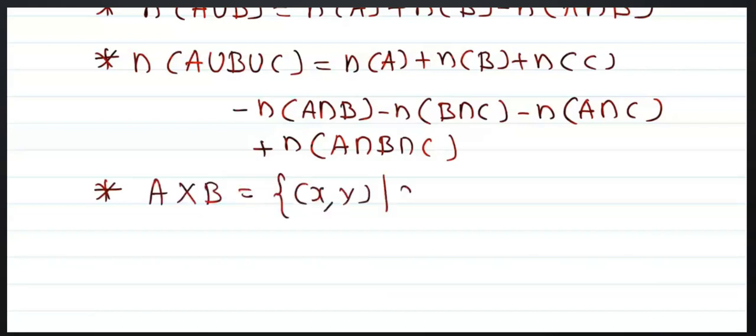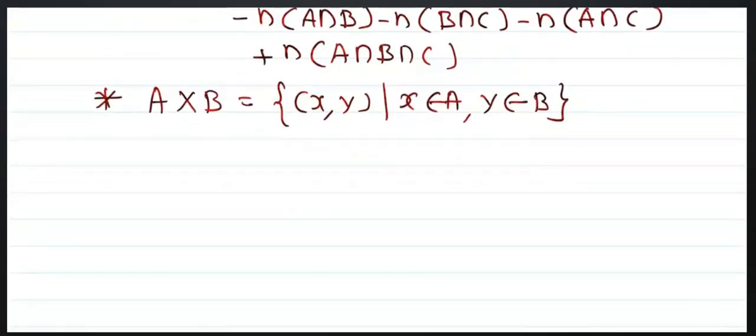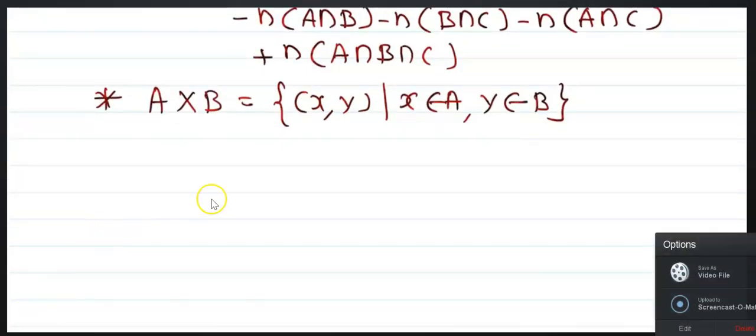Next is A cross B, that is the Cartesian product, is equal to {(x, y) such that x belongs to A and y belongs to B}.